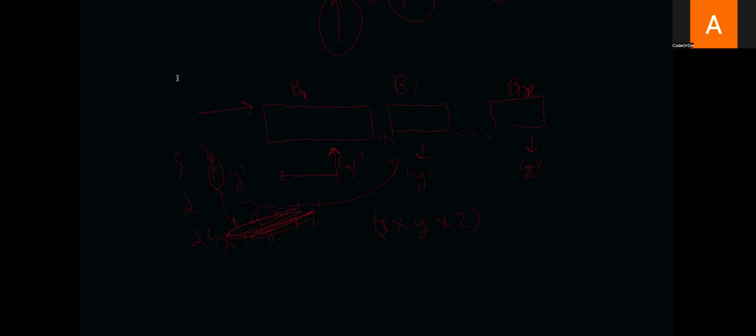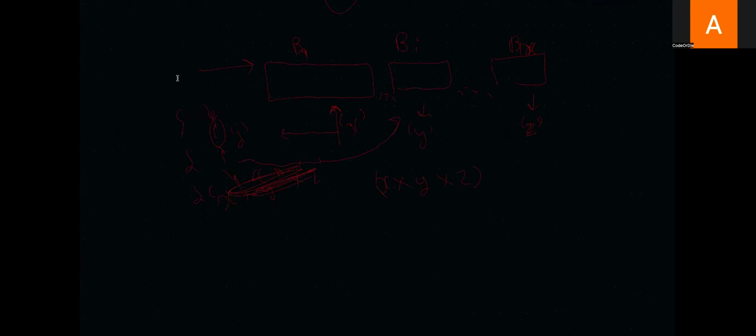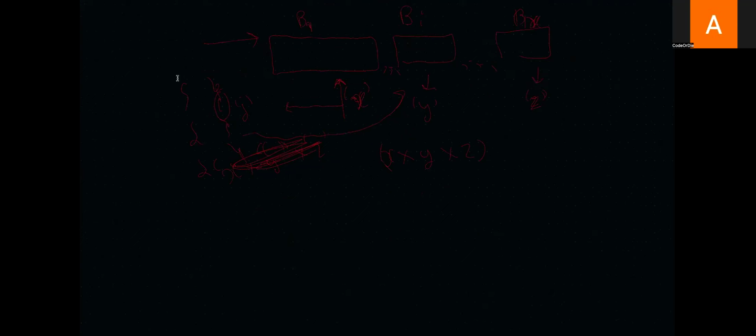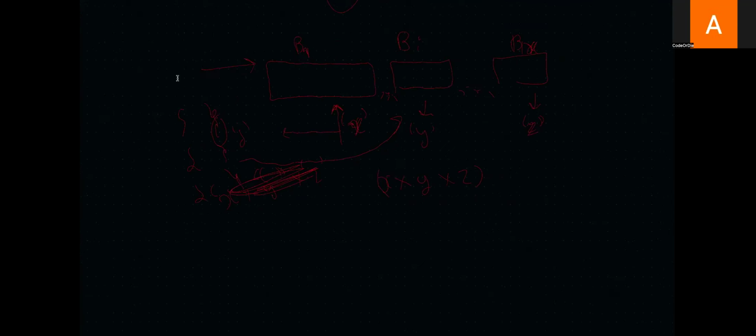So let's say that you have some x ways, or x subsets, I would say. So you will just multiply x into y into z. I think that you are able to understand. I hope what I'm saying you understand.